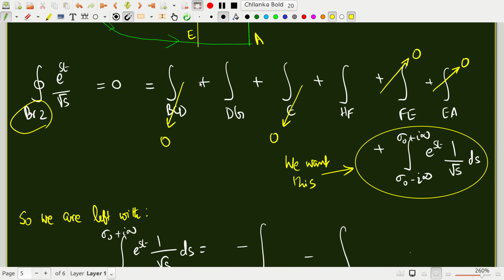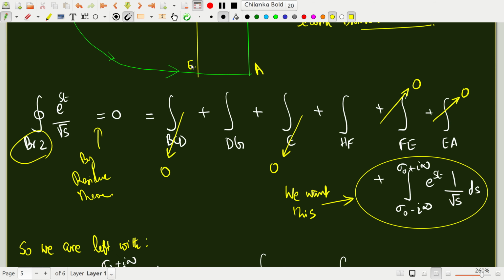Now this is 0 by the residue theorem, because there are no poles within the contour BR2, the second Bromwich path. Now the integral over BCD, the bigger semicircle, is 0 for the same reason, because we have chosen it such that it is exponentially decaying because of this path.